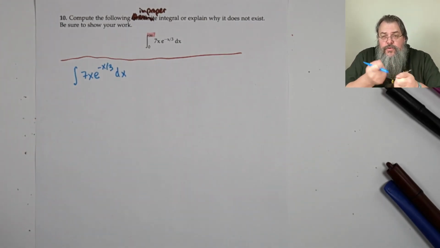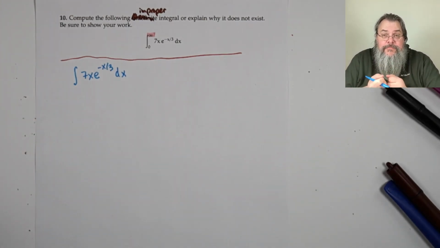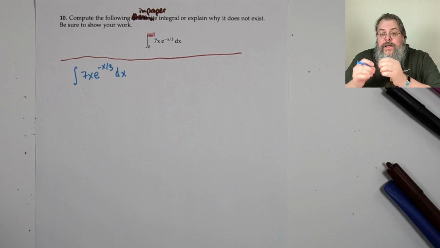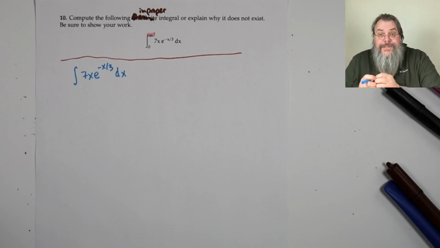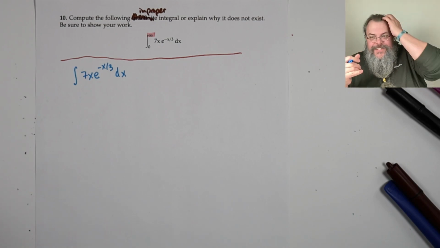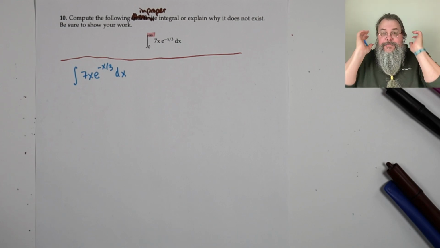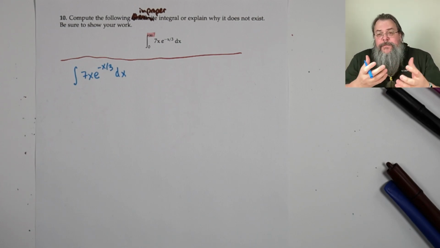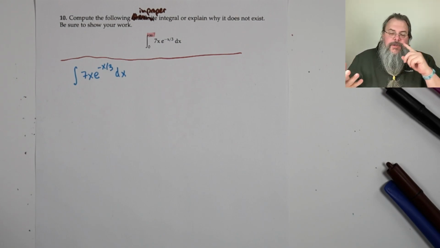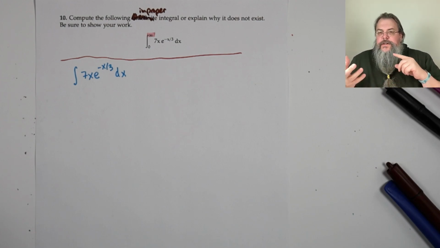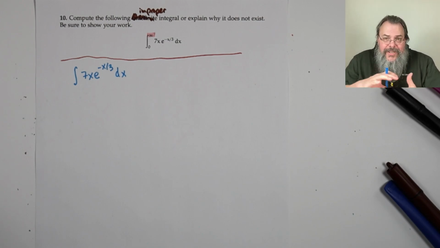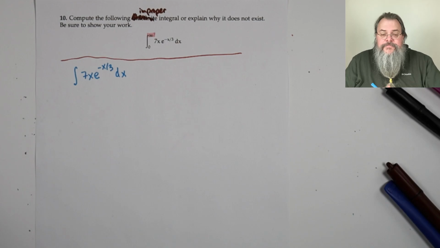So I have two different types of functions blended together. That's a sign of doing integration by parts. Another sign is, this is the last problem and we haven't done it yet, so we better do it, right? Blending different types of functions, polynomial with exponential or trig, or exponential with trig, those are signs of integration by parts.